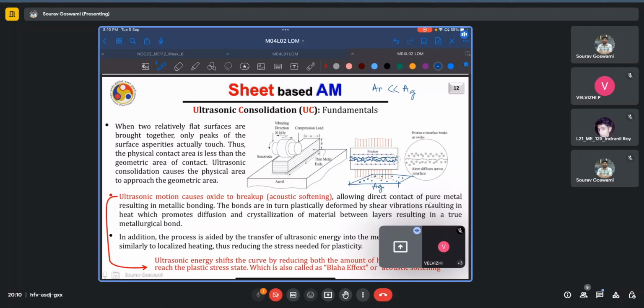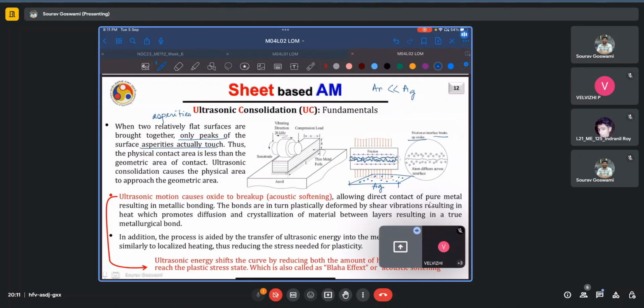And this process has the potential to break up those oxides and allow for atomic diffusion between the nascent metal layers. So when two relatively flat surfaces are brought together, only the peaks or the asperities actually touch. Thus, the physical contact area is less than the geometrical area of contact.